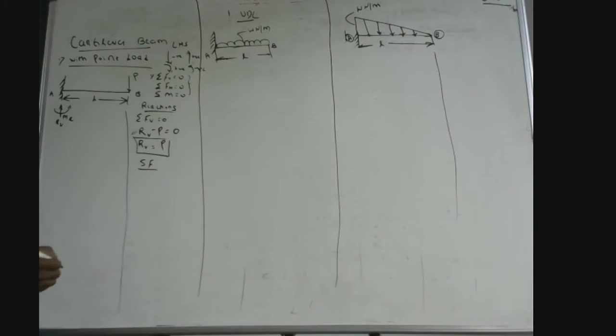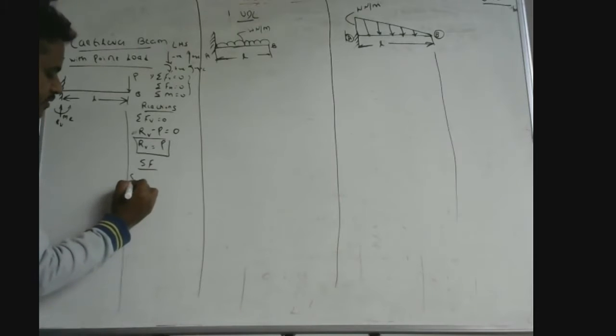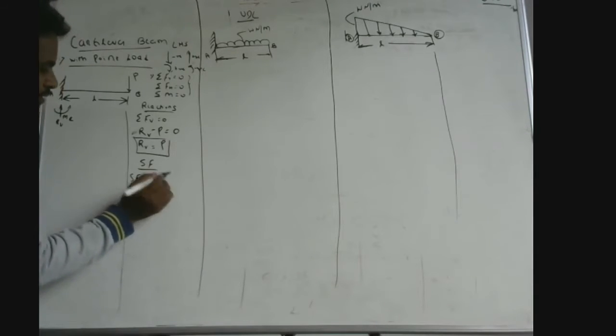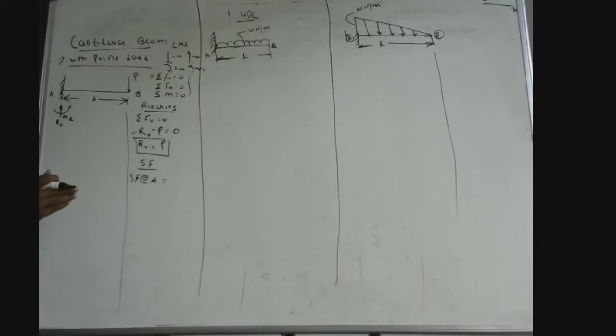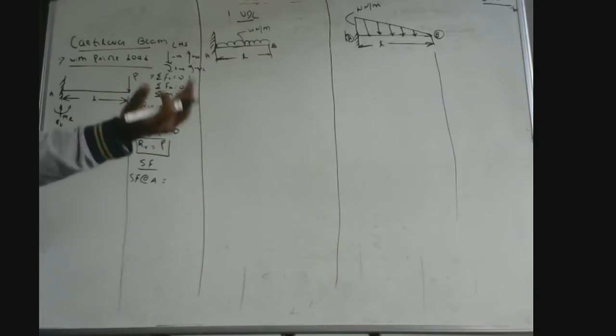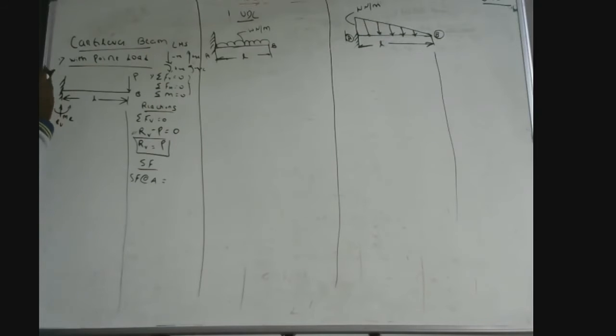To draw the shear force diagram, let us take the shear force at A. We are proceeding from left to right. Shear force, as I told when discussing the shear force concept, is the algebraic sum of vertical forces either on the left hand side of the beam or the right hand side of the beam. Now I'm proceeding from left to right, so from the left hand side we add the vertical forces.